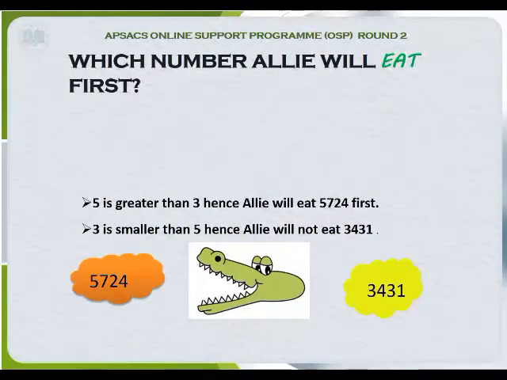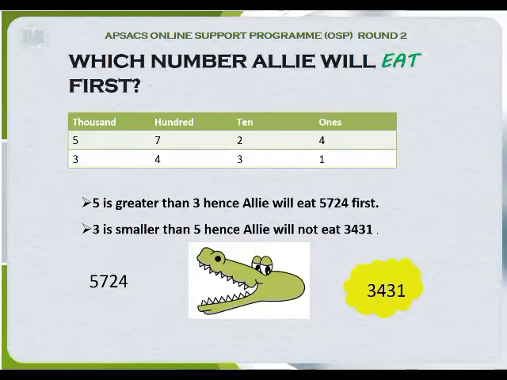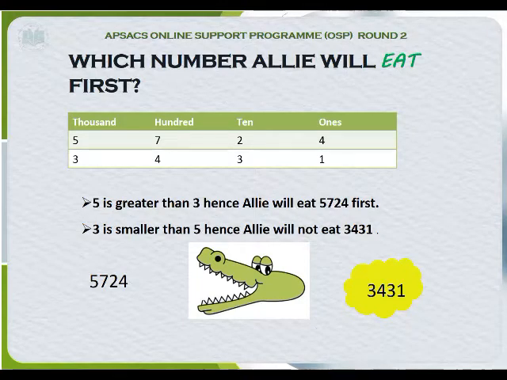Now let's take an example. I have two numbers. Now tell me which number Ellie will eat first. The numbers are 5724 and 3431. So students, how to compare the numbers? We always start comparing the numbers from the highest place value.